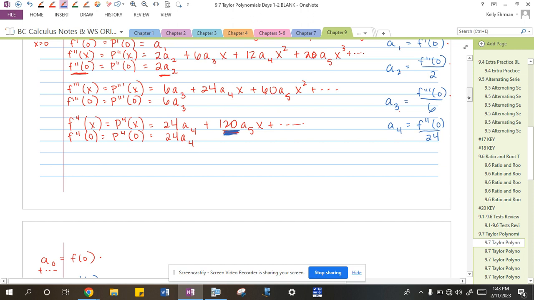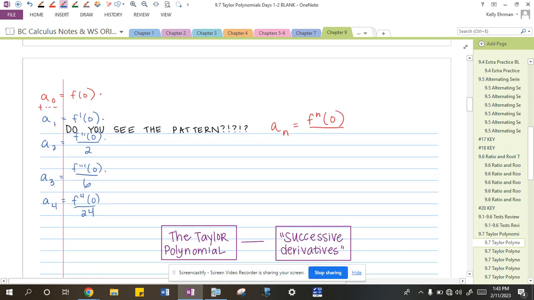If you're not sure about these numbers, technically we've got over 1, over 1, over 2, over 6, over 24, over 120. If you don't recognize those as the factorials, again, make sure that you have that list. 0 factorial is 1, 1 factorial is 1, 2 factorial is 2, 3 factorial is 6, etc. 4 factorial is 24.